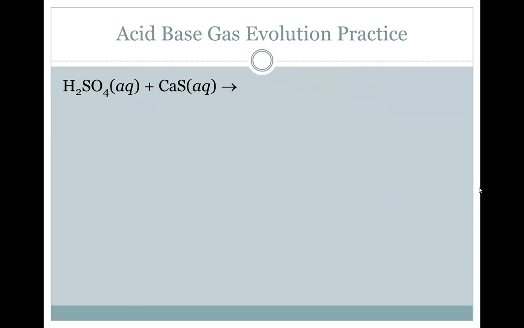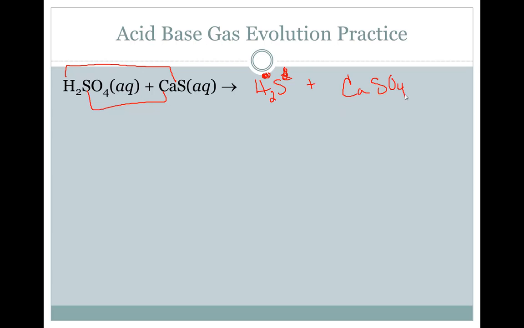Let's do one more practice. First thing you want to do, insides, outsides. Alright, so H is now with sulfur, plus 1, minus 2, H2S. And the insides are Ca and SO4.